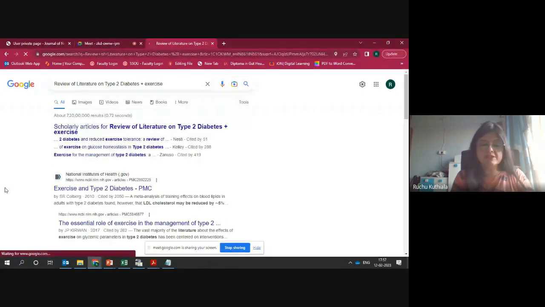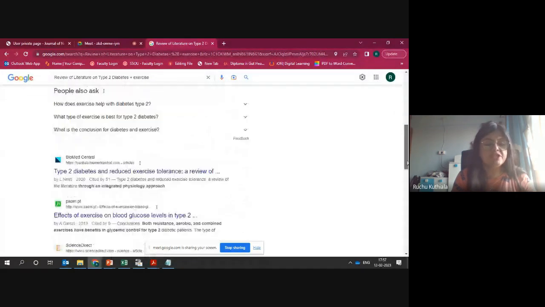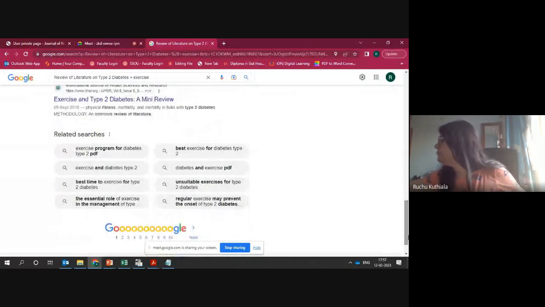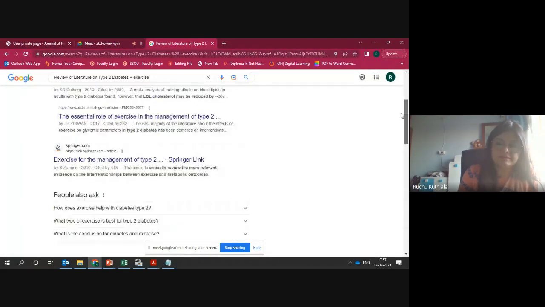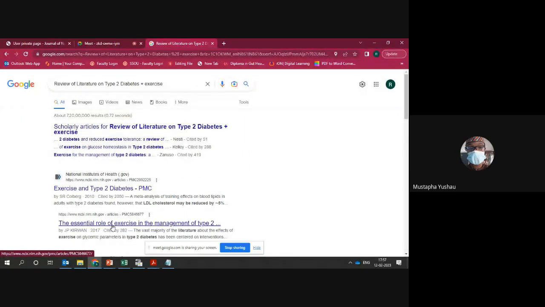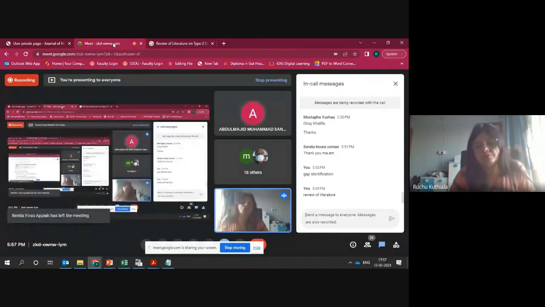So while typing this, could you see that these all are the research papers which are going to open in front of you, which are generally talking about what people have found out about diabetes as well as the exercise point of view. Are you getting clear? So whichever paper you like, you can open that research paper and you can read it. You can make your notes on what people have done and what you want to do.